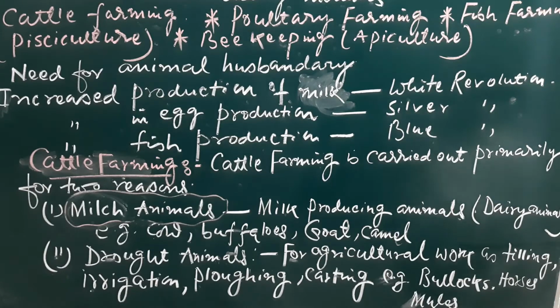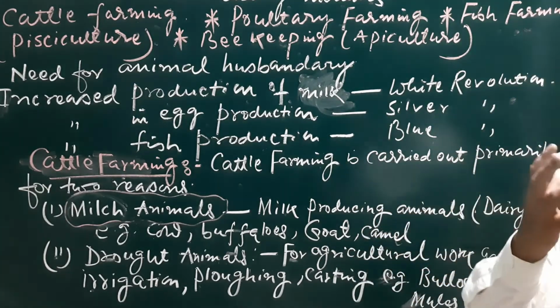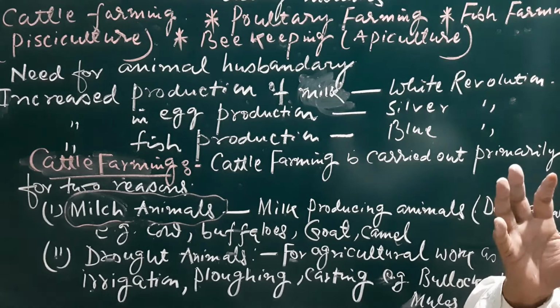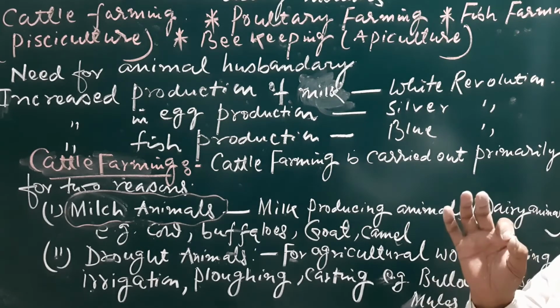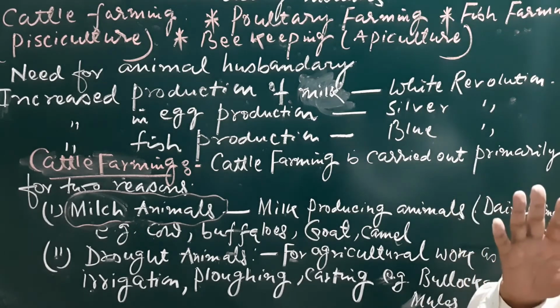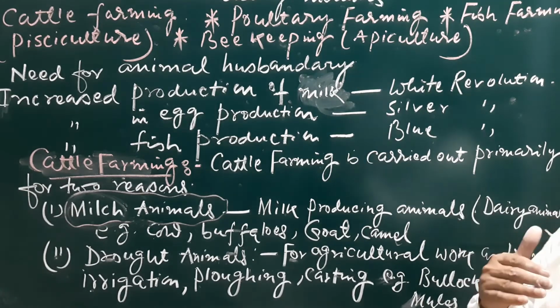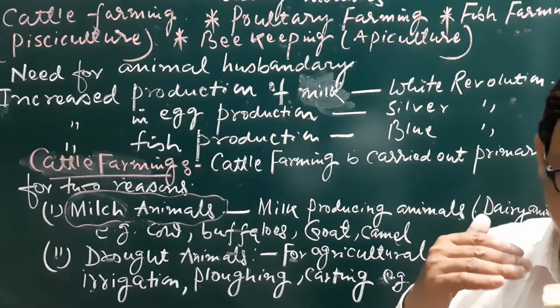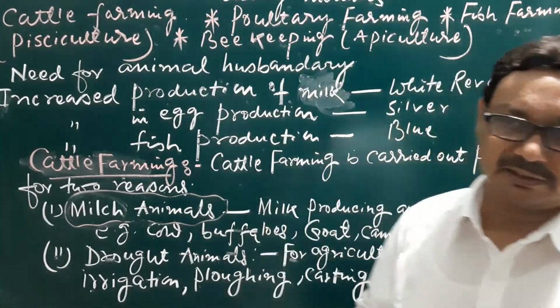If these two are brought together for breeding, desirable breeds become available to us that help in both aspects, disease resistance and a longer lactation period, which will increase milk production.